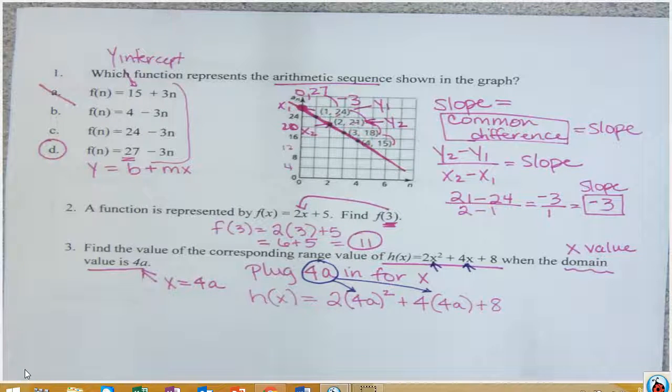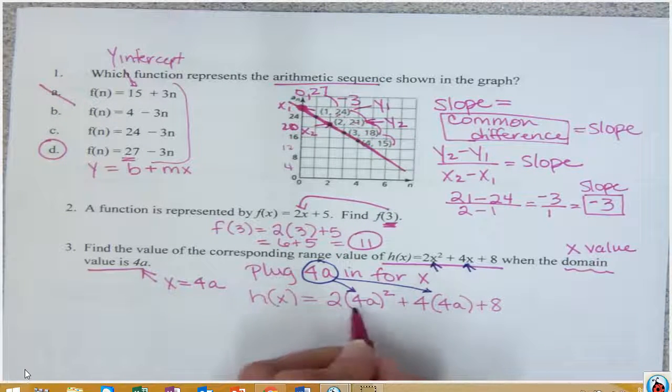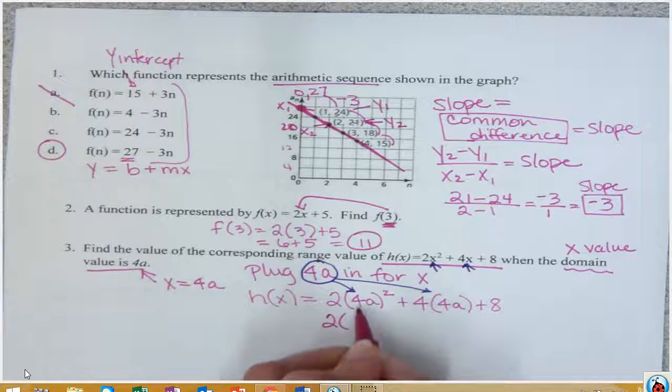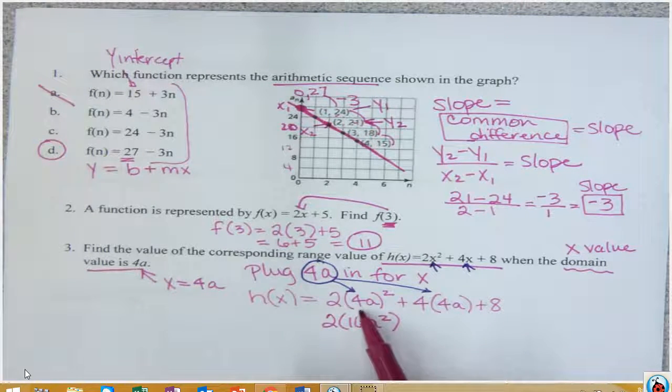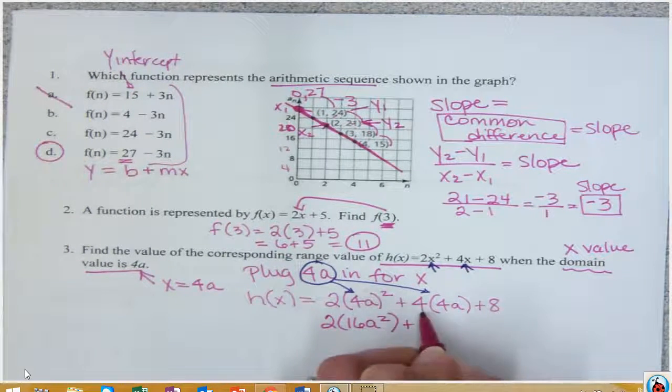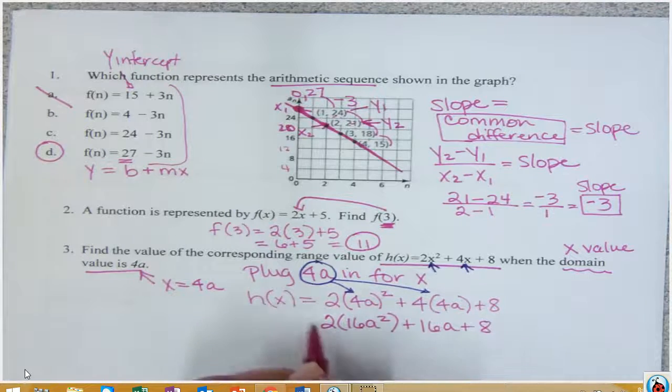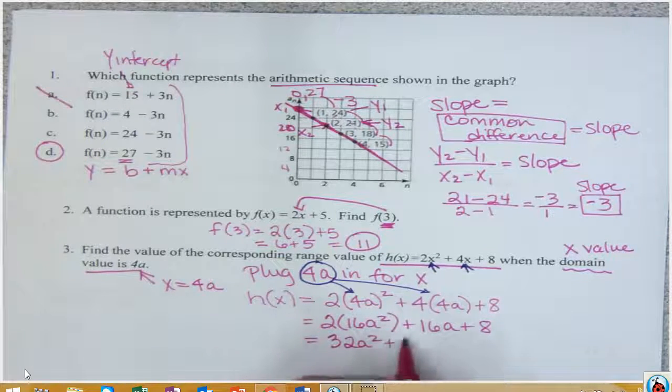Then I just multiply it out. 2 times 4a squared would be 16a squared. Don't forget to square your 4. Plus 4 times 4a is going to give me 16a plus 8. Then I work here. 2 times 16 is 32a squared plus 16a plus 8. This will be your answer.